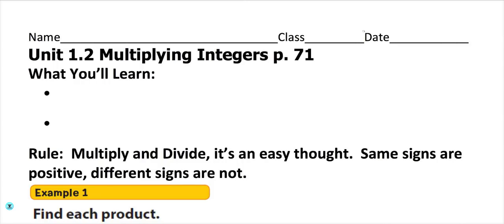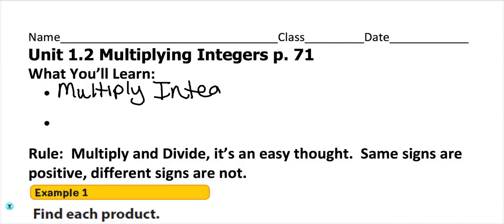So the first thing we're going to be looking at, obviously, is to multiply integers. And the second thing we're going to take a look at is simplify algebraic expressions.